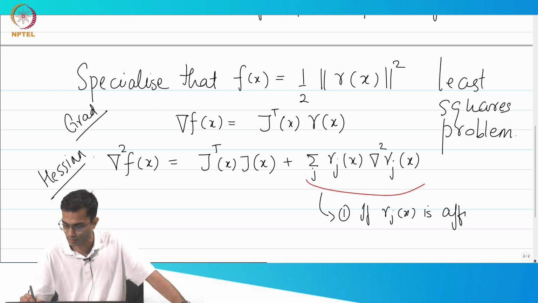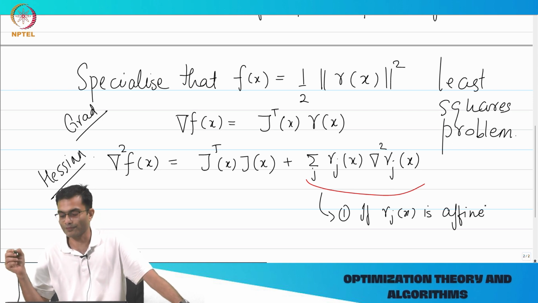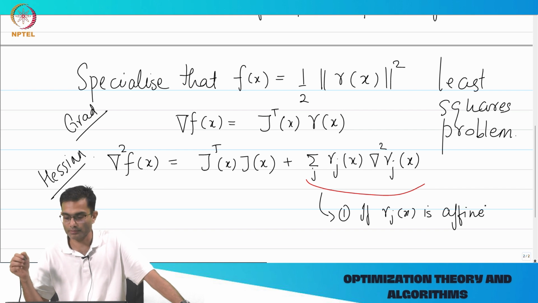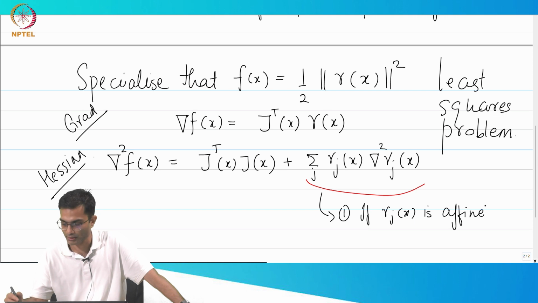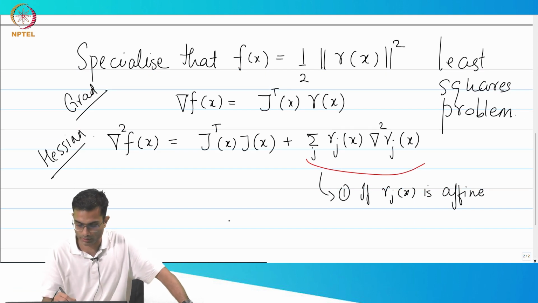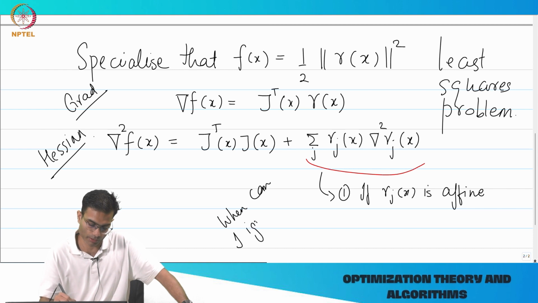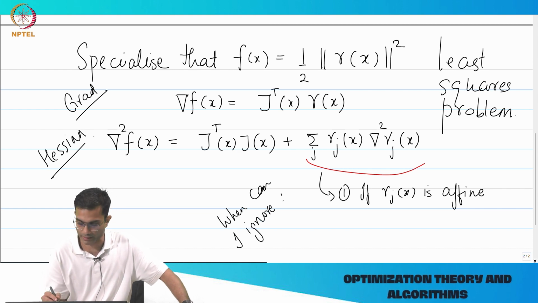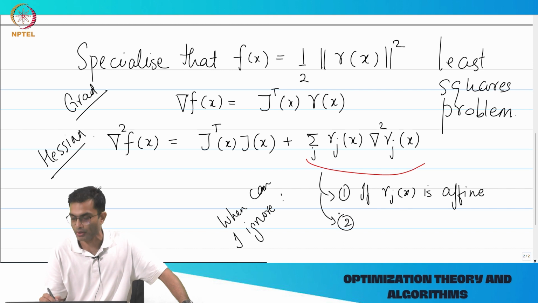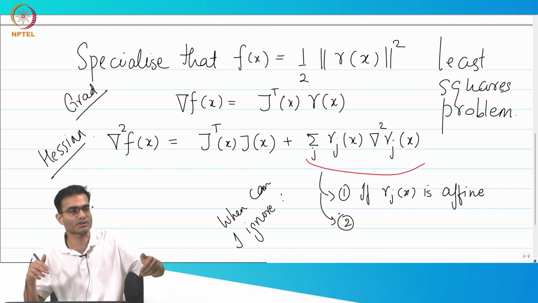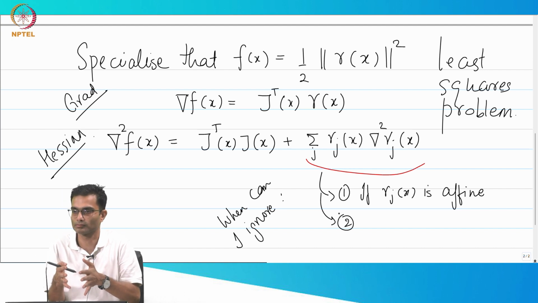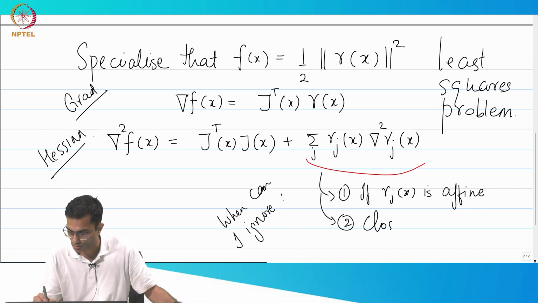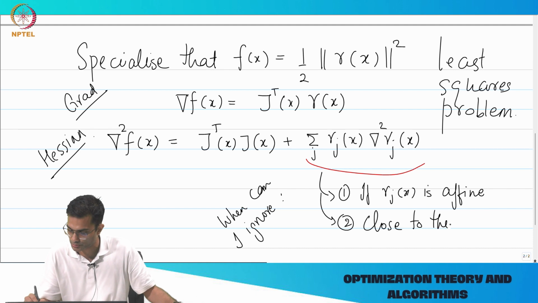If R_j is affine, then by the time I take the Hessian of R, I am going to get 0, right? So, when can I ignore the red term? And the second was when I actually reach close to the solution, the residual is going to be small, right? Close to the solution.